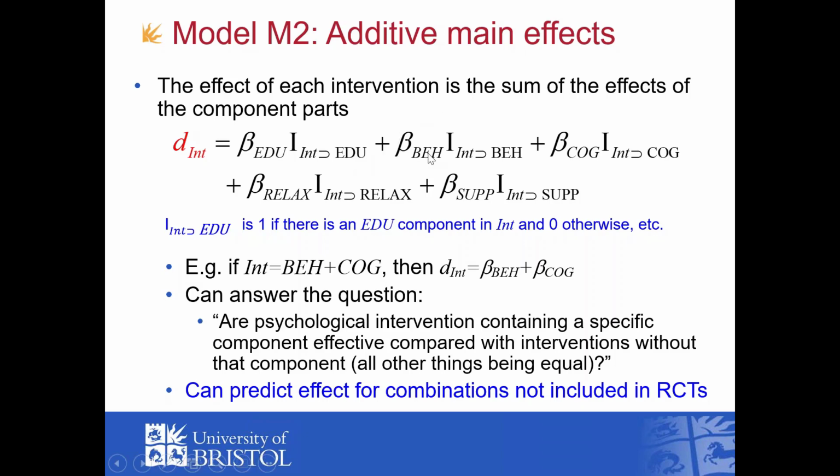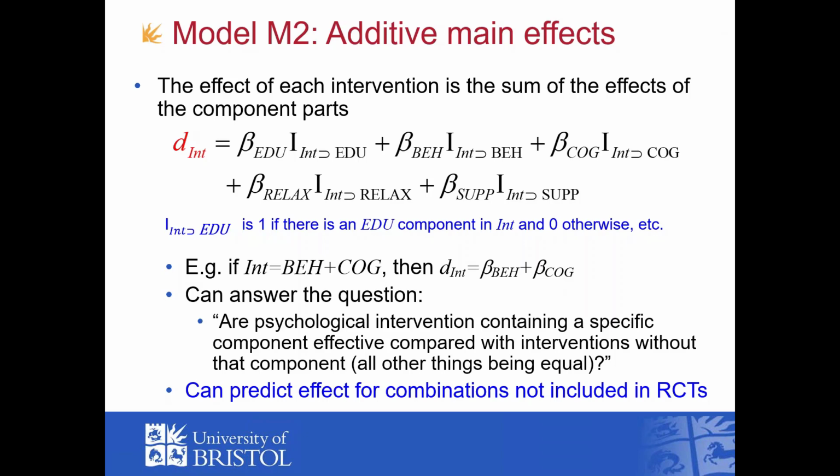Plus the effect of behavioural interventions times an indicator to say whether or not that intervention included a behavioural component, and so on. So, for example, if our intervention had behavioural and cognitive components, then the effect of that intervention would be the sum of the behavioural component effect plus the cognitive component effect.